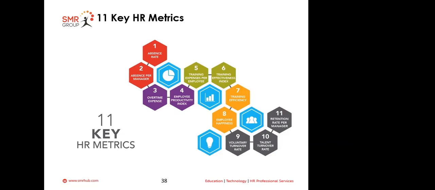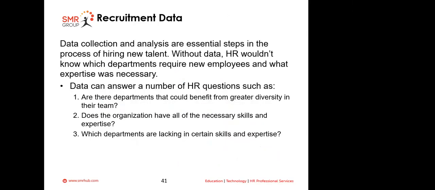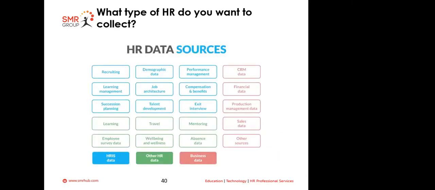These are some of the metrics that we are already having in our workplaces, and these form the essential key metrics. There are 3 different types of sources for HR data. Number one is the data that comes from HRIS, the HR information system. We all have that in our organization.